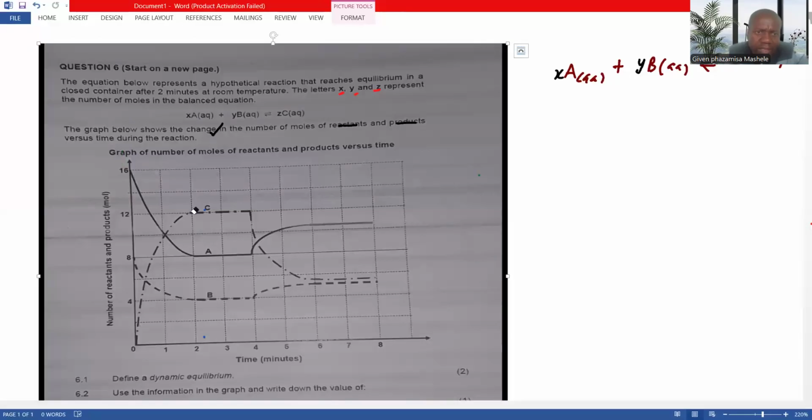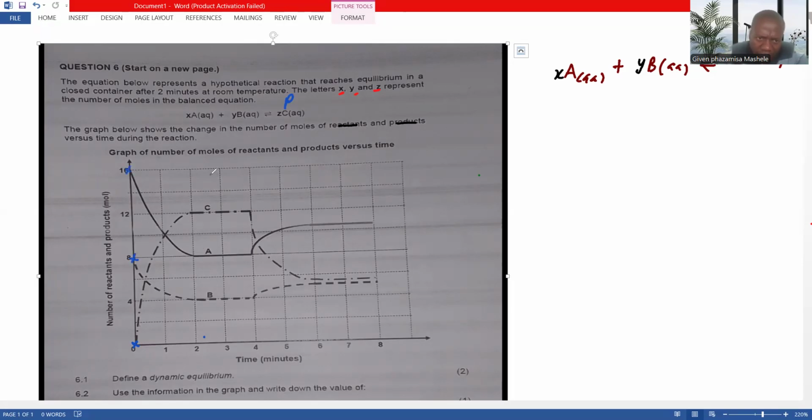And at that time, the initial mole of C was 0, because this is just the product. So you need to be able to understand the graphs.